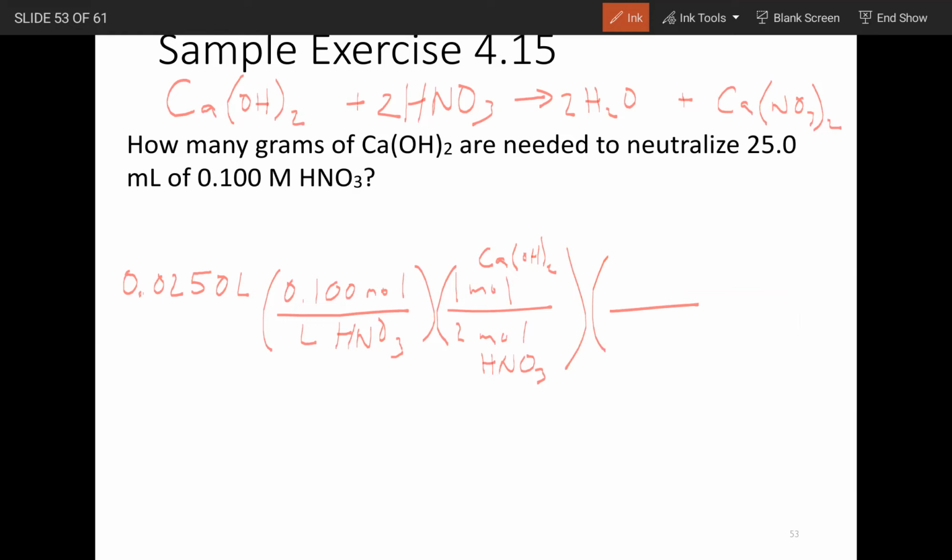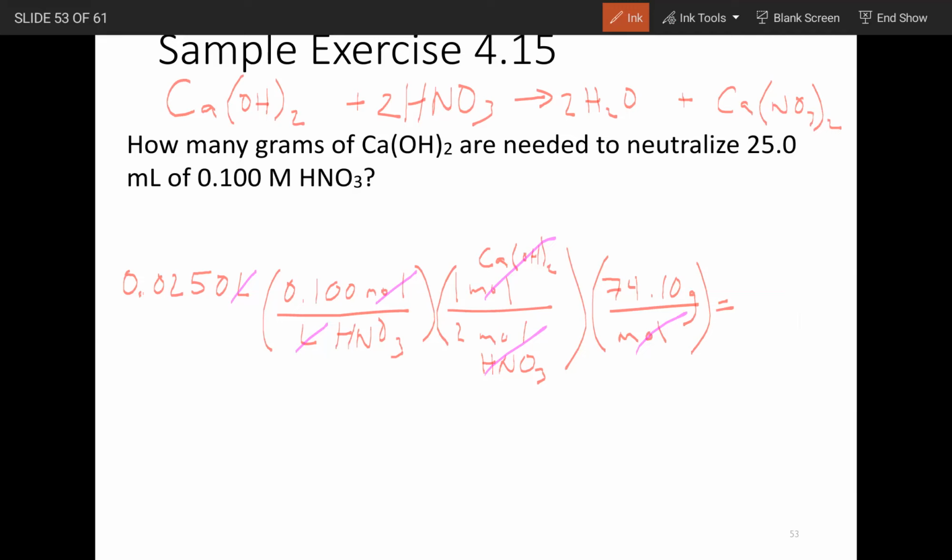And then the final step here, just like the previous chapter, we can use that molar mass to go from moles to grams. So we'll have moles on the bottom. And then with calcium hydroxide, we're going to see the molar mass is just a touch over 74. And if we look at it, liters canceled, moles of nitric acid canceled, moles of calcium hydroxide cancel, and we're just left with grams of that substance.